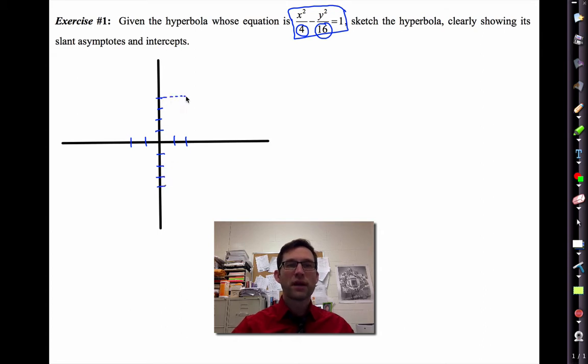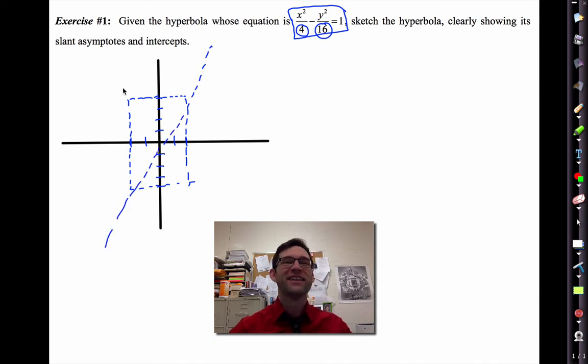Then what I'm going to do is draw what I oftentimes refer to as a magic box that uses those distances as a benchmark for how to draw it. Now I'm going to draw in the diagonal of that box. That diagonal was supposed to go through the corner and through the origin. I didn't do a very good job of it.